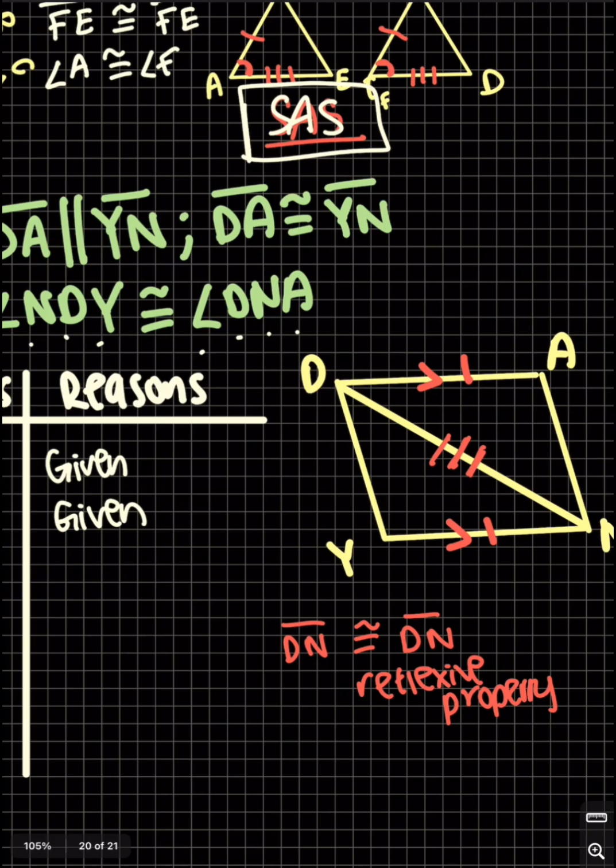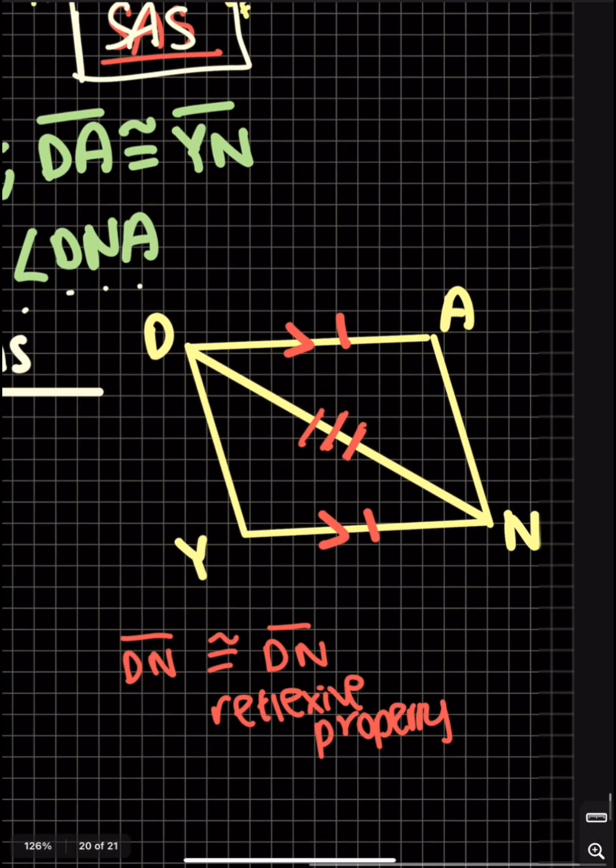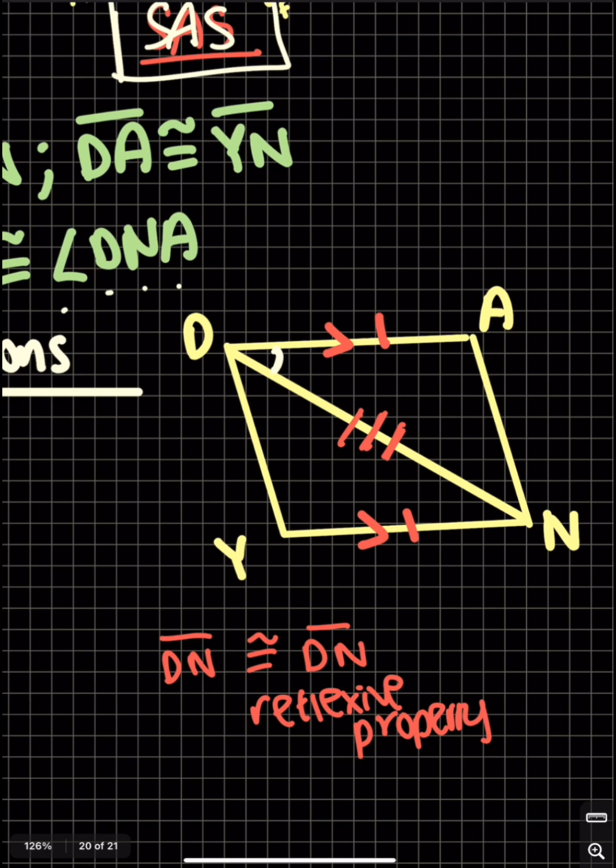And then I just told you guys that this line of ours is called the transversal, correct? And then what we already know by properties of transversals is that alternate interior angles are congruent, meaning that this D and this N are congruent, right?